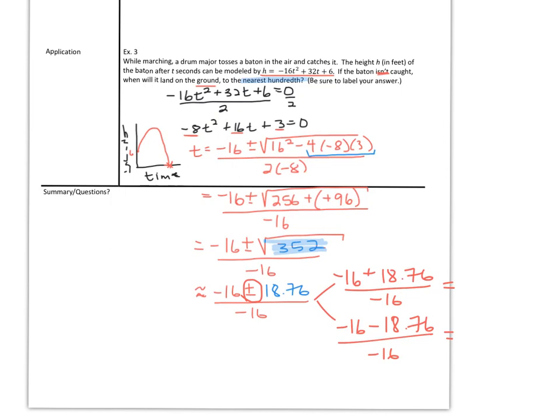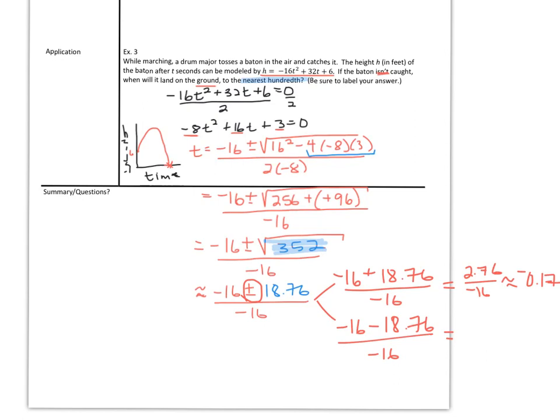If we type in negative 16 plus 18.76, we get 2.76. But if we divide that by negative 16, I'm doing that as I write here, I get negative 0.17. So we'll see how that holds up when we're done with our final answer.